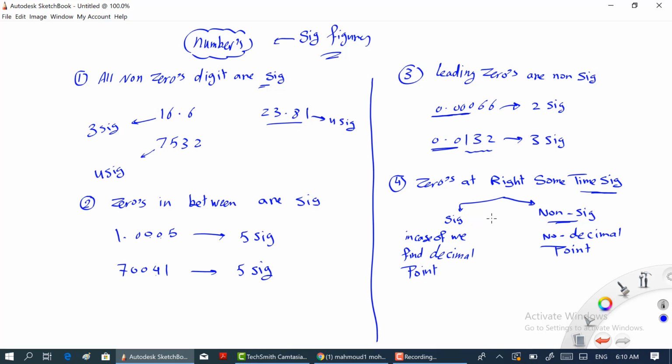Decimal point in English means the dot, not like this. This is not a decimal point. This is the decimal point.